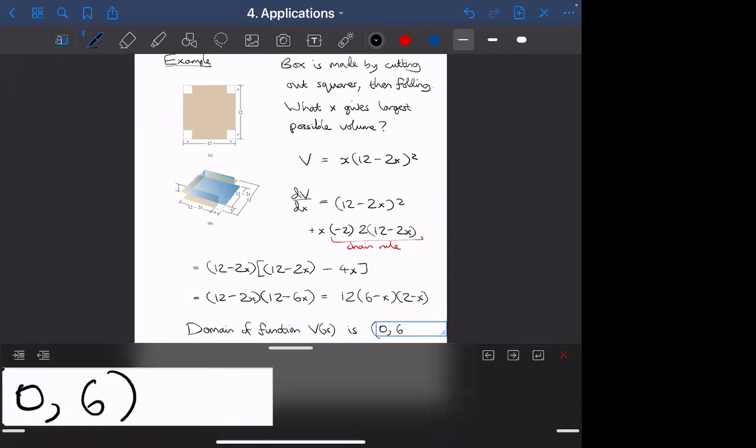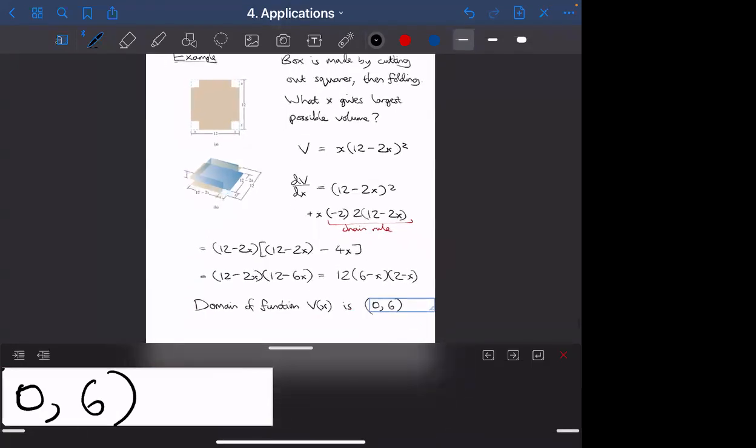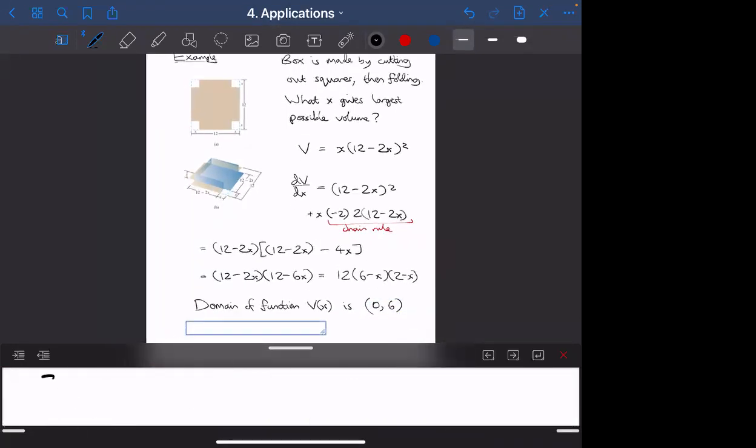That's half the width of the original square. So we seek a local maximum. We seek the global maximum in the end.